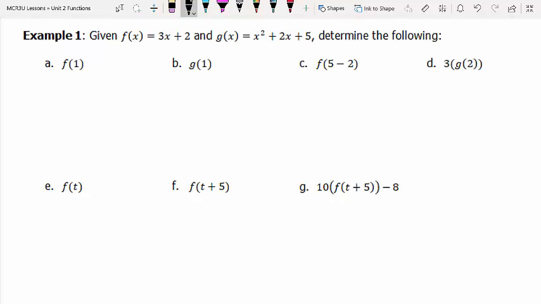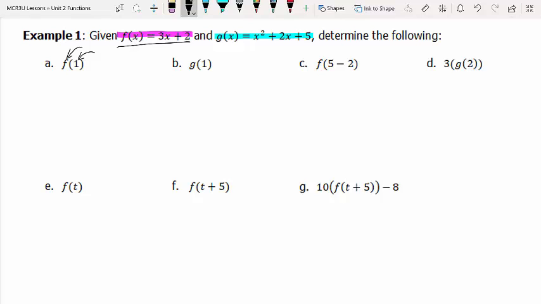Example 1: given f at x, which is the equation 3x plus 2, and given g at x, which is a quadratic, x squared plus 2x plus 5, determine the following. Part A, figure out what f at 1 is. All that means is take the function labeled f and plug in 1 for x.